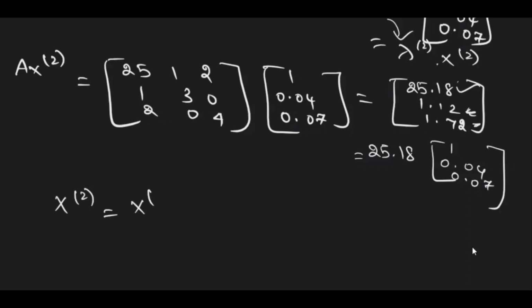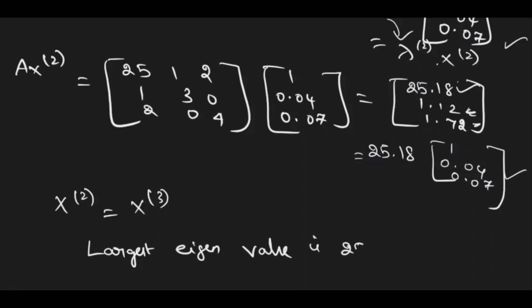So we will stop the iteration, and we can conclude that the largest eigenvalue is 25.18 and the corresponding eigenvector is 1, 0.04, 0.07.